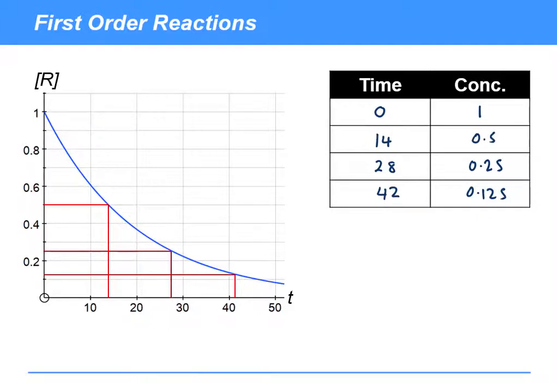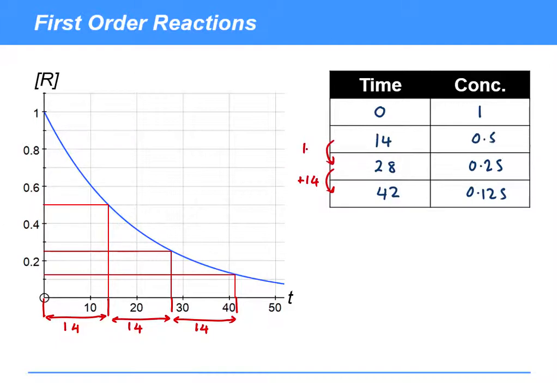And so if we look on the graph here, and we can just mark the half-lives on, then the first half-life here is 14. The second half-life, to get another halving of the concentration, is also 14, and the third half-life is a further 14 seconds. So to get from there to there, we've got to go up by 14.